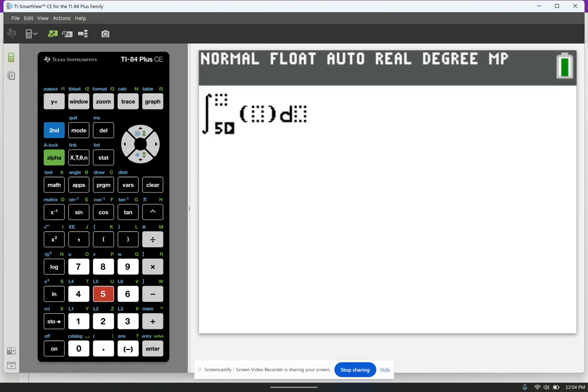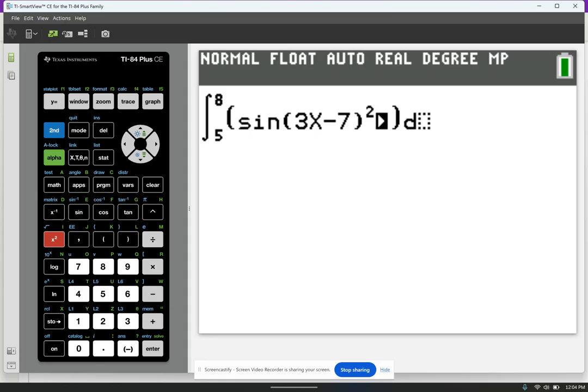Well, we are going from 5 to 8 of the function. Now, wait, what was the function? Sine of 3x minus 7. Now, I'm going to need to close this, and then I'm going to need to square it. So the calculator reads this as the whole thing, close all of this thing squared, not just the inside squared, but the whole thing.